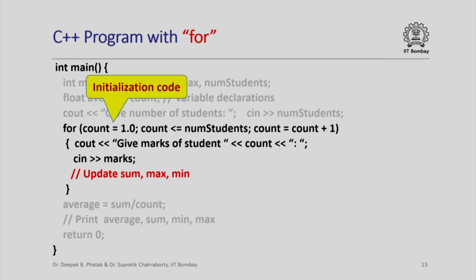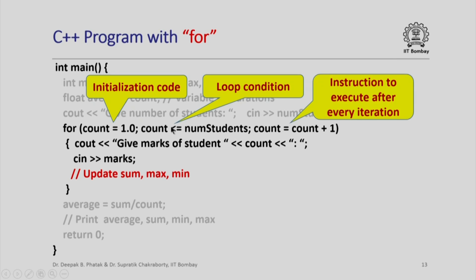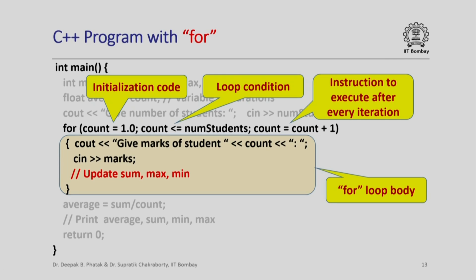If you look at this for loop, you will see that this is the initialization code, this is the loop condition, and this is the instruction to execute after every iteration, and this is the for loop body.